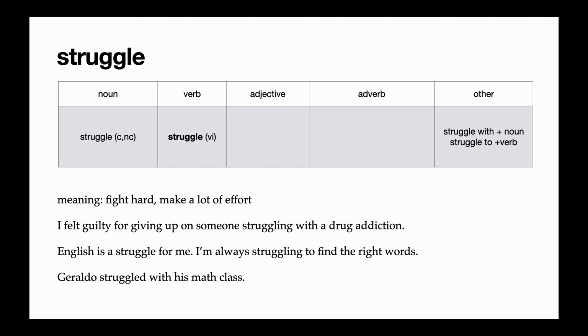Like in the second example, it says, English is a struggle for me. That is a struggle as a noun, a countable noun, like a fight. But the second sentence says, I'm always struggling to find the right words. That means I always have to make a big effort to find the right words. Or in the last example, Geraldo struggled with his math class.